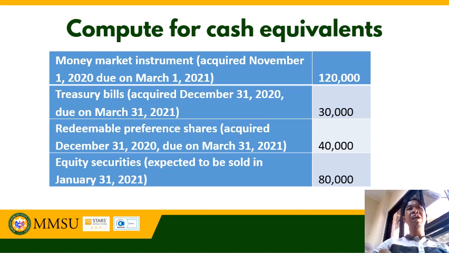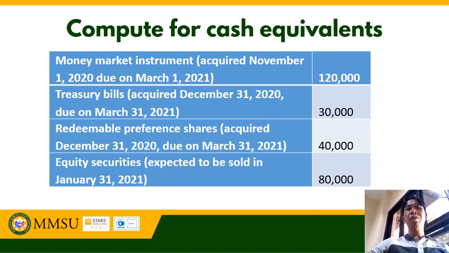Okay, the first item, money market instrument acquired November 1, 2020, due on March 1, 2021, amounting to 120,000. Is this part of cash and cash equivalents? So the rule is acquired within 3 months. Okay, so December, January, February, that's how many months? 4 months.